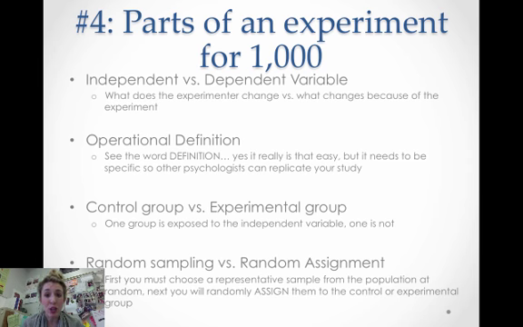An operational definition, right? I don't know why, but for some reason, this tends to trip students up. Definition, you go to Webster's dictionary, you pull it out, you look up the definition, okay? So an operational definition is a definition of how the variables were used in the study.